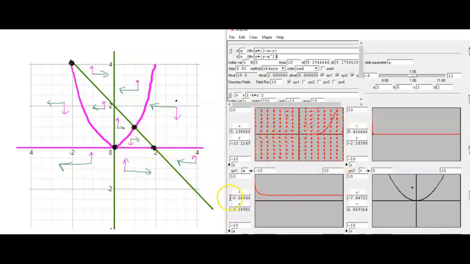You can see that in the x versus t, x hits a value of 2 and stays there, y drops down to a value of 0 and stays there for all time, and all these points seem to go to that same equilibrium point until you get above this parabola, which if we look at the point (1, 1), which is somewhere right there, we see that all those points are going up towards infinity like we described.